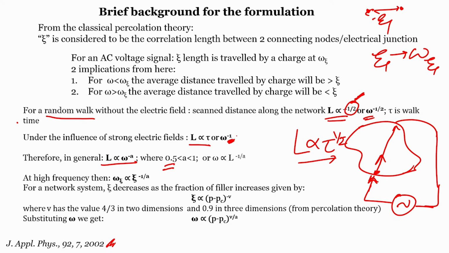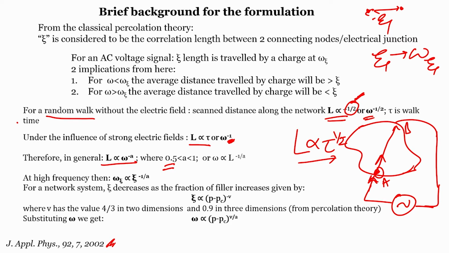The particle will move or scan a distance, and that distance will be proportional to the square root of the time lapsed, or the inverse square root of the frequency. Under a very strong electric field, there will be direction, the particle will be forced to move from point A to point B, and that is why the relationship will be linear. In general, it will be somewhere between the case where the electric field does not exist and the case where a strong electric field exists.